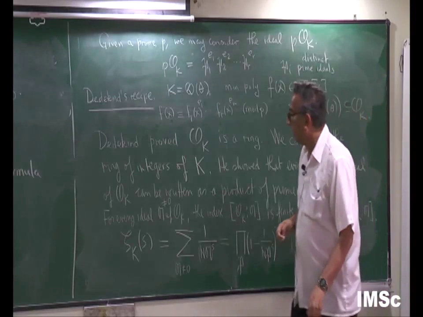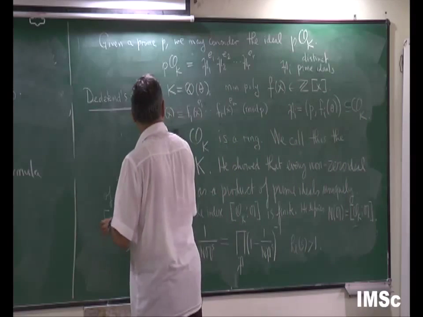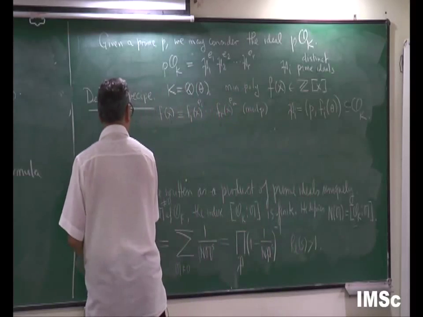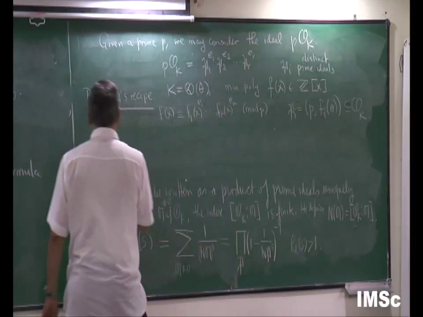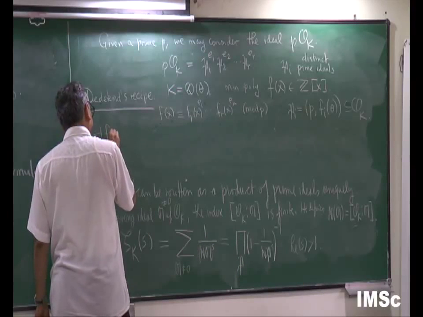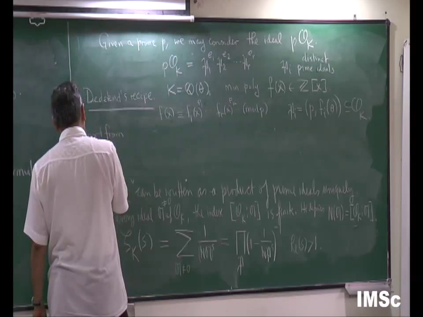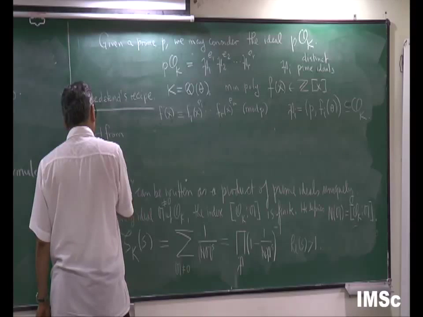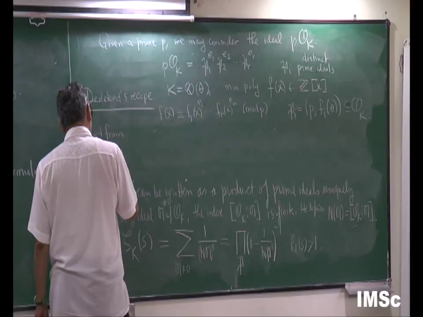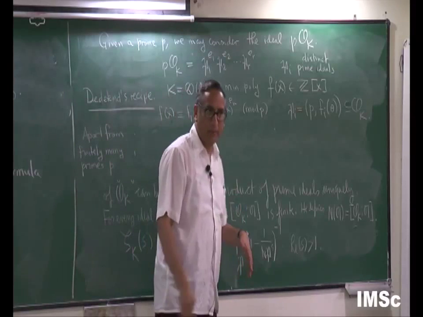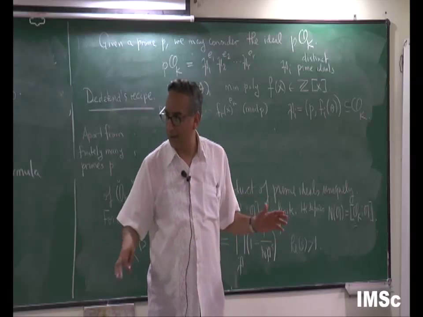Then Dedekind's recipe is, apart from finitely many primes p, there are finitely many primes p which you just have to throw out from the discussion.